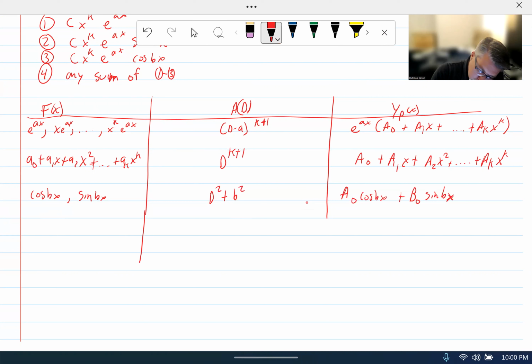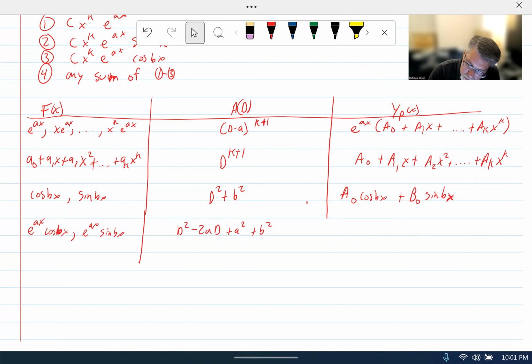What if we have e to the ax times cosine bx, or e to the ax sine bx, kind of combining the first one with cosine bx? We take that form, then what do we have? Then we have D squared minus 2aD plus a squared plus b squared.